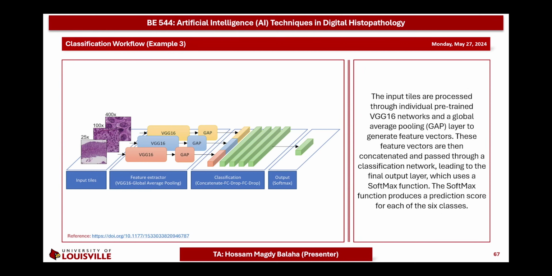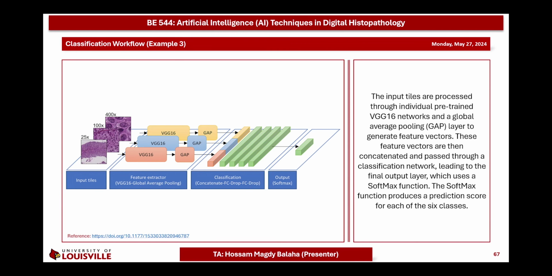This is a third approach, capturing the idea of the pyramidal view by extracting tiles from each of the magnification levels, introducing these tiles to separate models, and then finally combining all of them together to get the output.